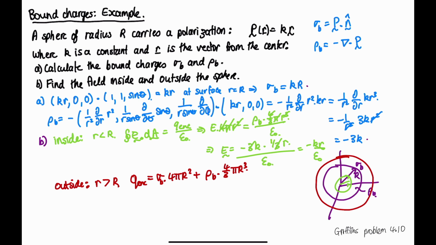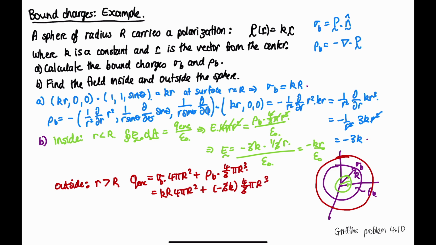There are no charges in this region here. Okay, so this is equal to sigma b, which we calculated up here, so we will substitute that in. That is kR times 4 pi R squared plus rho b, which is minus 3k times 4/3 pi R cubed.